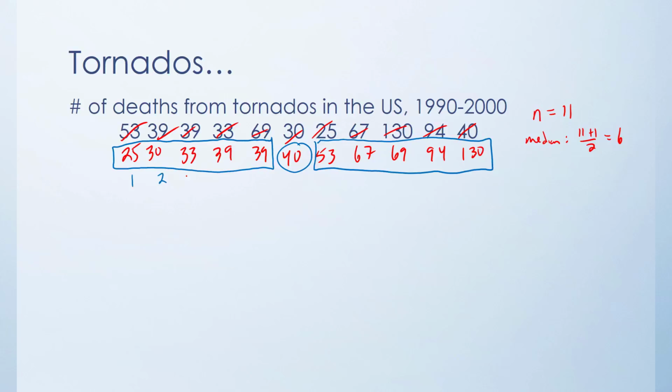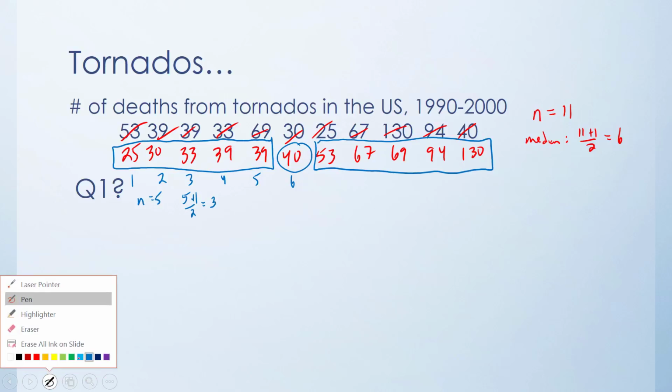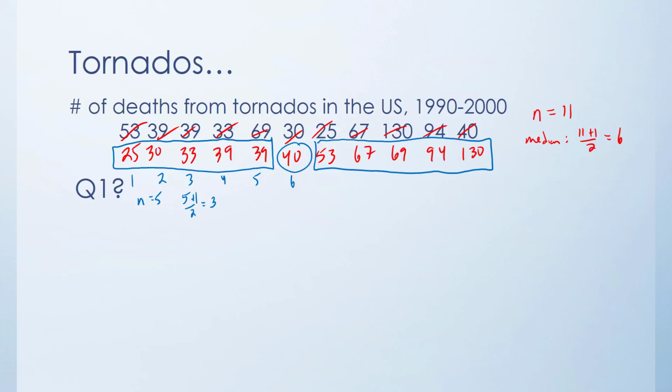All right, so I'm going to label our place values here for the first part. So we're looking at this bottom half of the data. We want to find our Q1. Of course, we have 5 data values in the bottom half, and so we know we're going to be in place number (5 plus 1) over 2, which is 3. And so we're looking at our first quartile being 33.